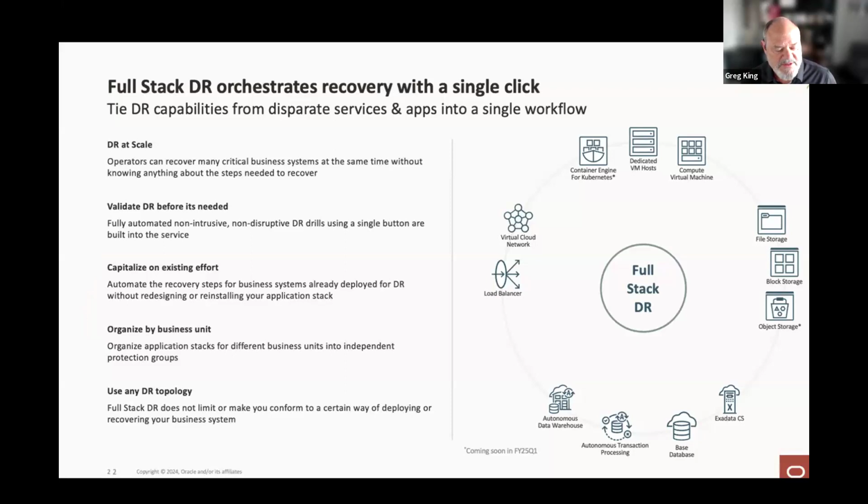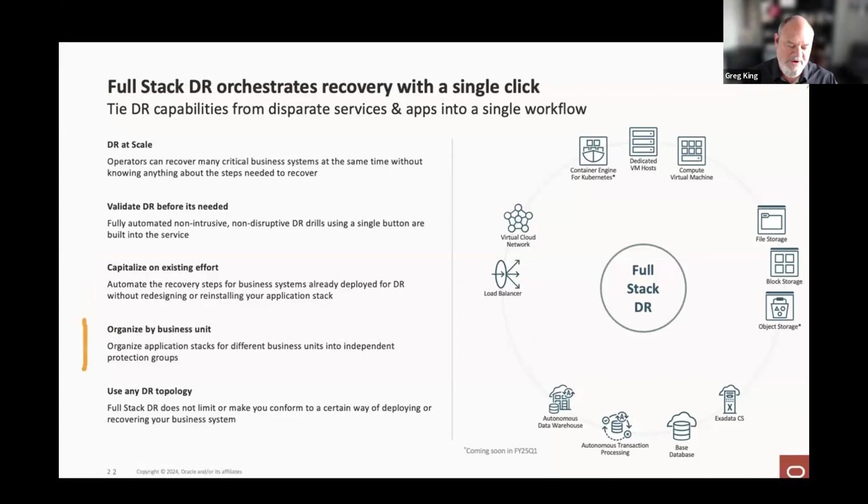And then organized by business unit. I don't know if you guys are with IT operations and you have multiple business systems, or you're with a particular business unit. But you can organize by these protection groups, which you'll see in a moment. You can organize different application stacks with different protection groups.